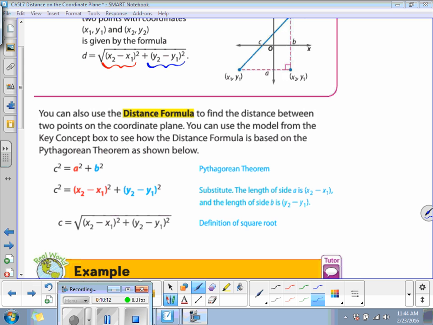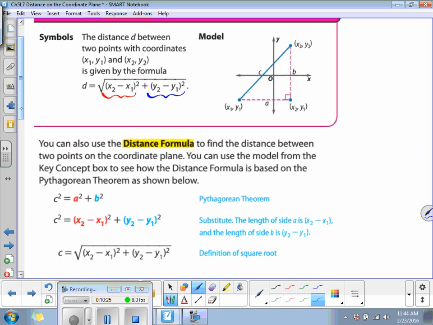So if we started out with the Pythagorean theorem, c squared equals a squared plus b squared, or a squared plus b squared equals c squared, same thing. To get the a, like we said, to get the a, we subtracted the x values. Okay?